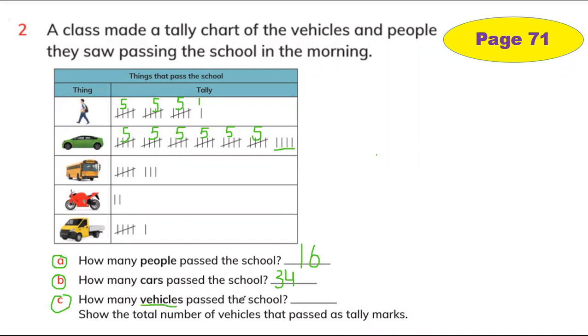See, how many vehicles pass the school? Vehicles mean you have to count all the cars, the buses, the bikes, and the lorries. So how many are together? First, we need to count all the 5s, right?